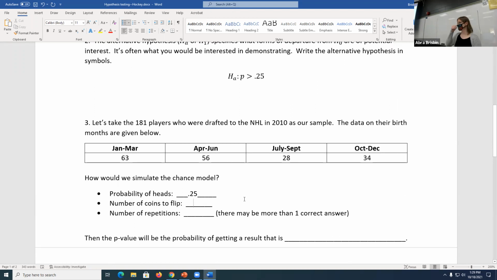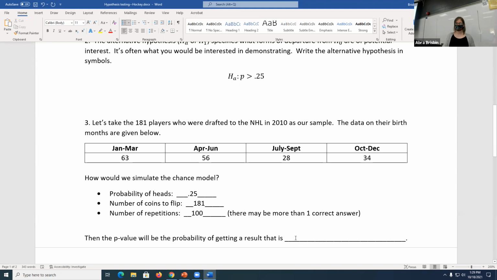How many coins should we flip? 181, yeah, because that's our sample size. And how many repetitions do we want to use? 1,000 is good. Typically any relatively large, nice round number is good here.